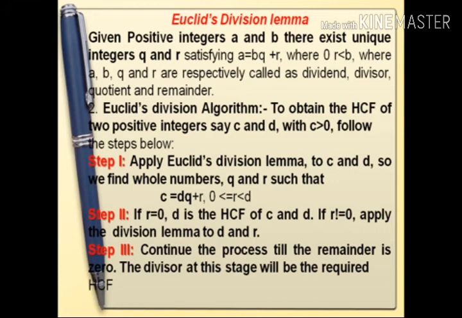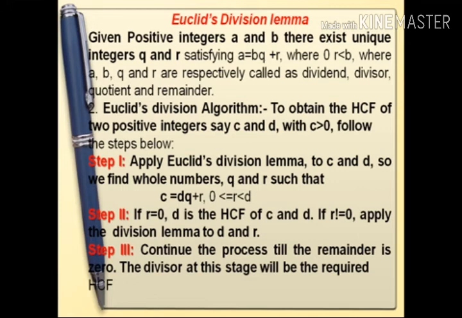Here a, b, q, r are respectively called the dividend, divisor, quotient, and remainder. That total division part, I think it is clear. Now what do the Euclidean division algorithms tell?